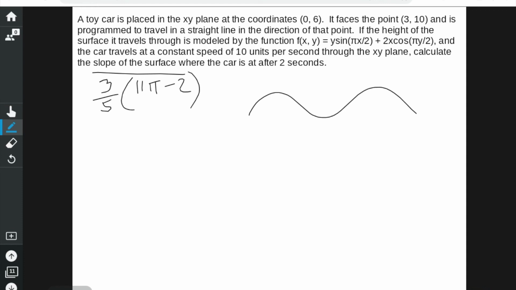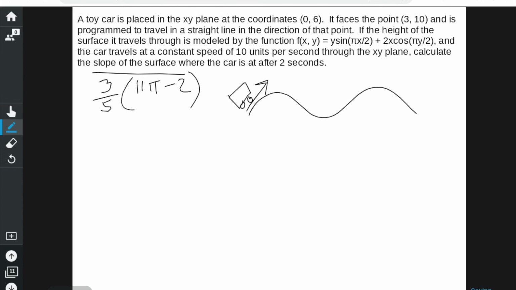It's something higher than 30, times 3 fifths, so something in the 20s or 30s. Either way, it's a big positive number, which means our car is going uphill, and it's going to be a fairly steep hill, certainly higher than 45 degrees. So we've got a car on a very steep hill traveling up.